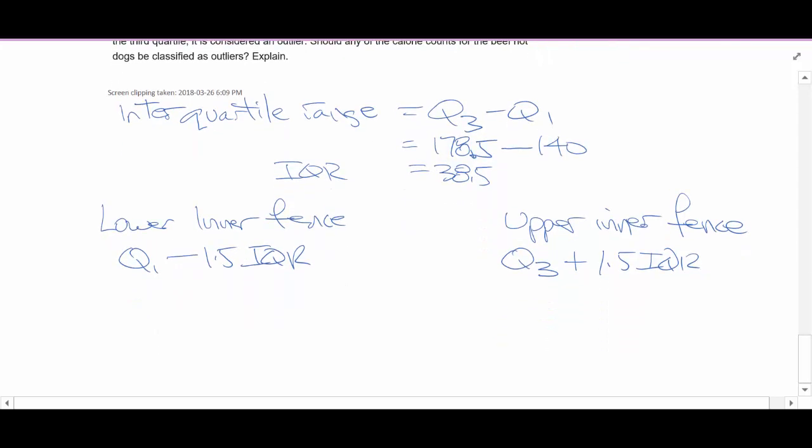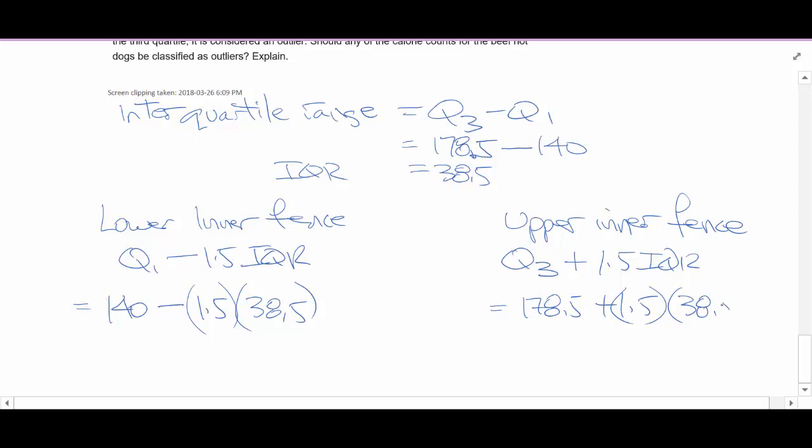So Q1 was 140. So the lower inner fence is equal to 140 minus 1.5, in brackets, times the interquartile range, which is 38.5. For my upper inner fence, this is going to be equal to Q3, which is 178.5, plus 1.5 in brackets times the interquartile range, which is 38.5.